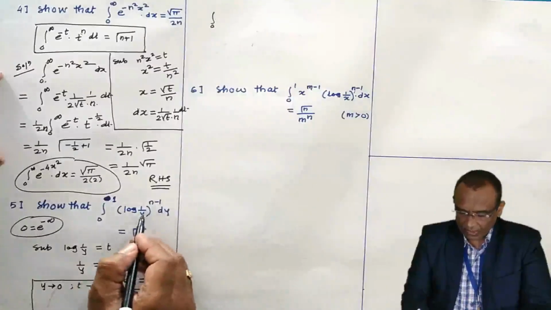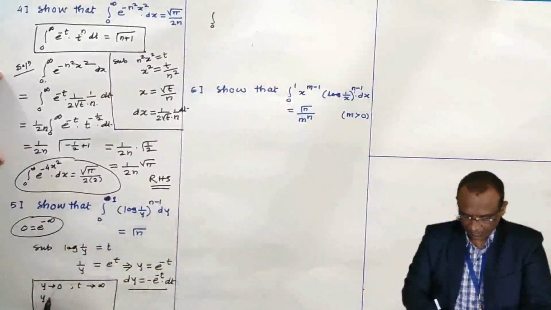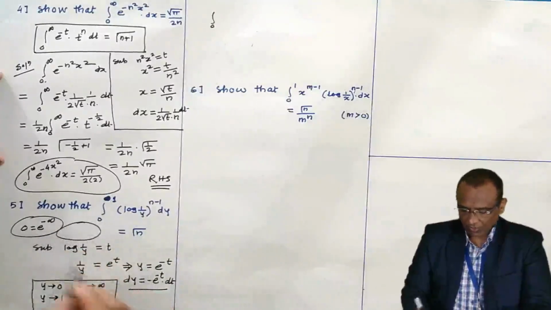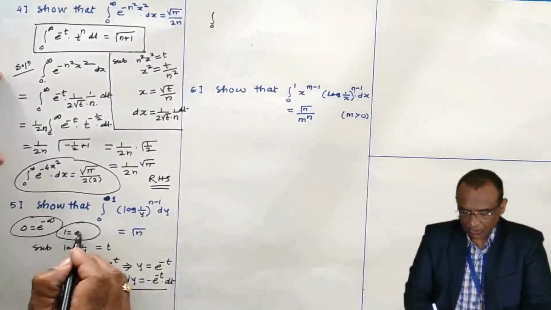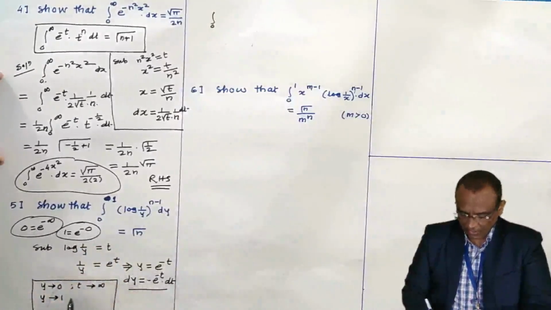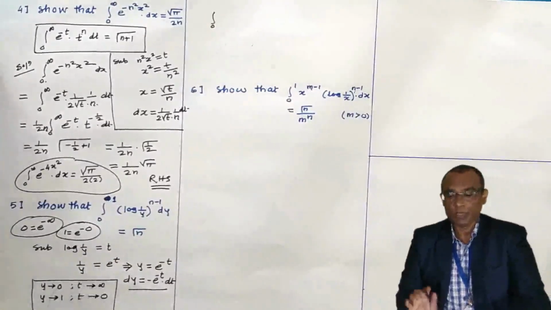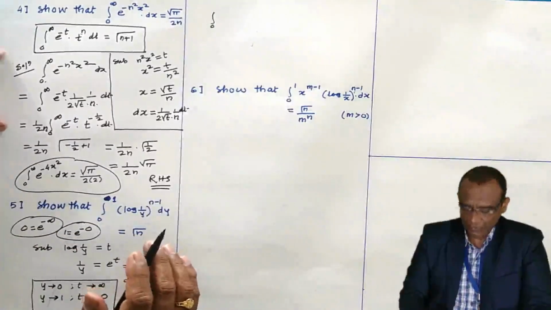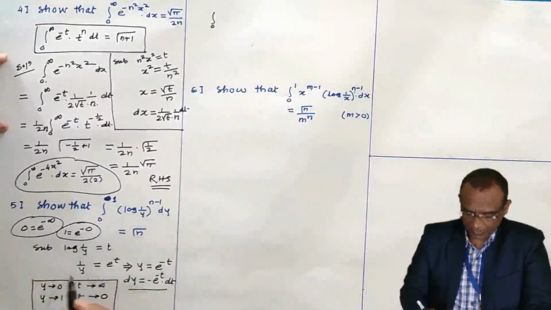And when y is 1, see, e power 0 is 1. Means when y is 1, the value of t will be 0. So here limits are being changed. In previous problems, limits haven't been changed, but here limits are being changed.